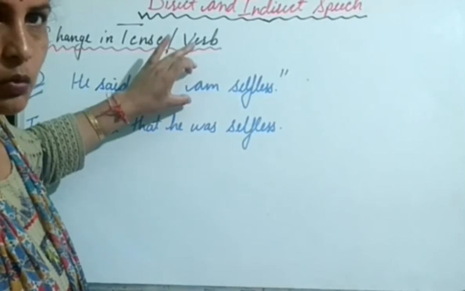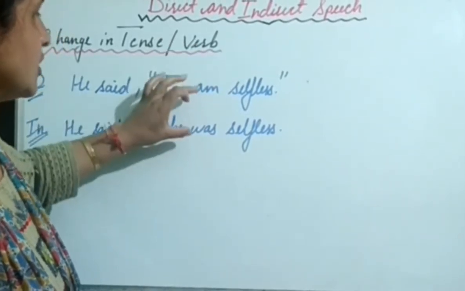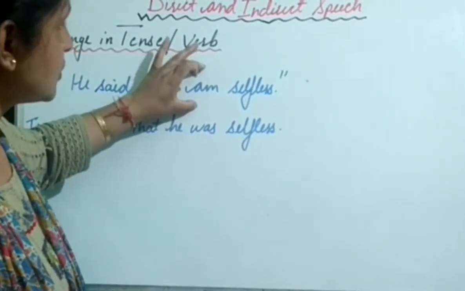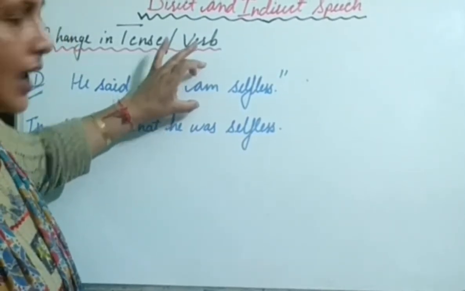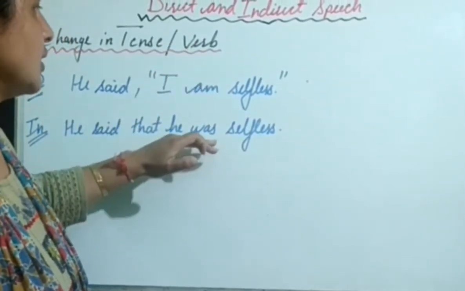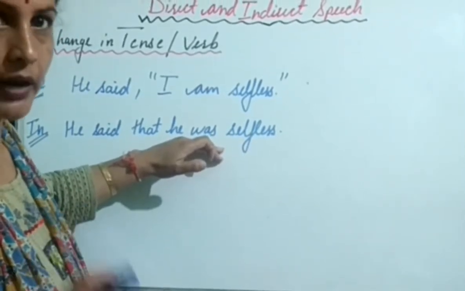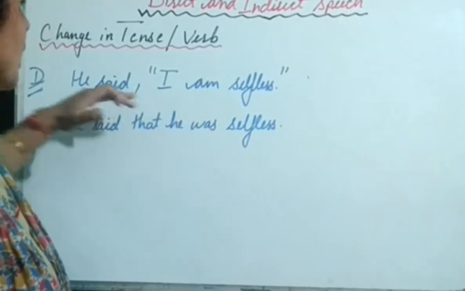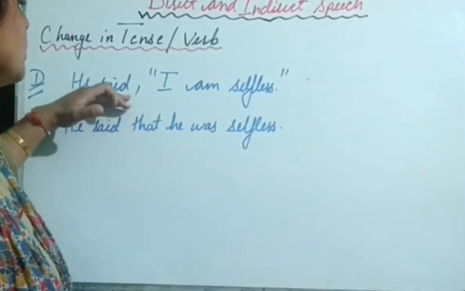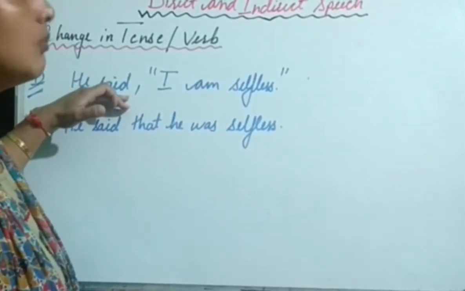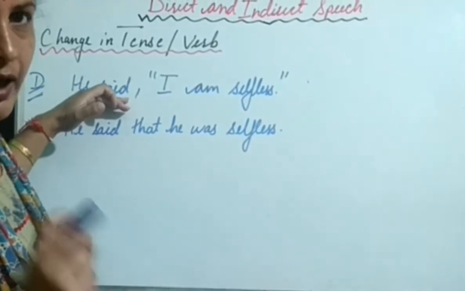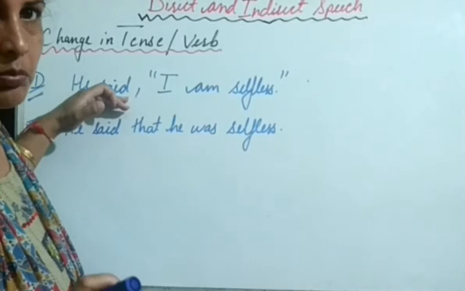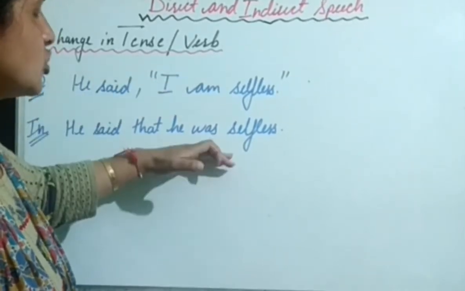Here this verb am we have changed into was. This am is written in present tense, and this was we have written in past tense. Why do we change this into past tense? Because our reporting verb is in past tense. So when we have the reporting verb in past tense, at that time we make changes.